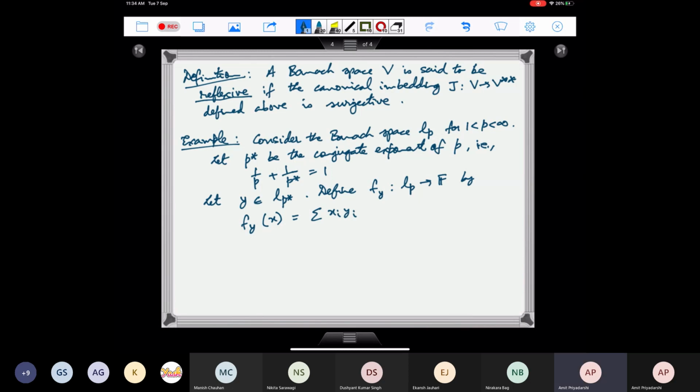Let's take F to be the real field here. So we define f_y of x equal to the summation of x_i y_i, i equal to 1 to infinity.